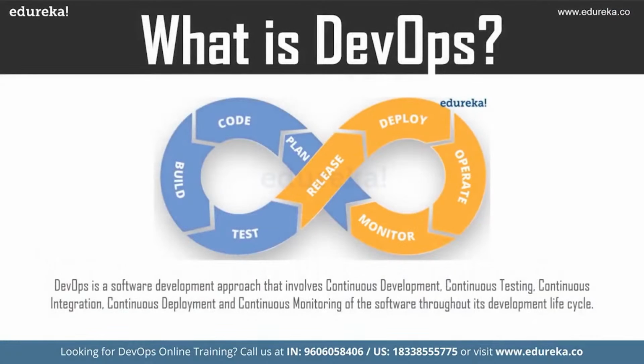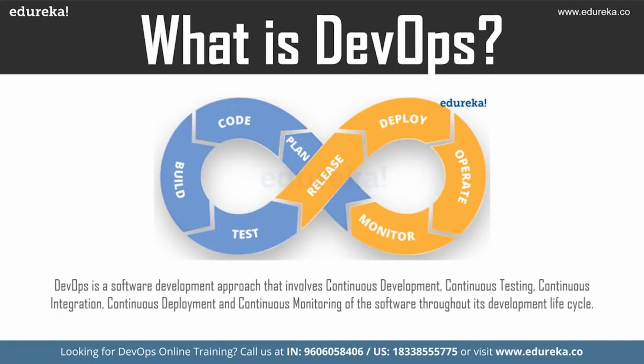Before that, let's have a quick look at what exactly is DevOps. DevOps is a software development strategy which bridges the gap between the developers and the IT staff. With DevOps, organizations can release small features and incorporate the feedback which they receive very quickly. If we talk about the benefits of DevOps, the first benefit is that it has fewer software failures compared to the previous traditional software development methods such as waterfall and agile.